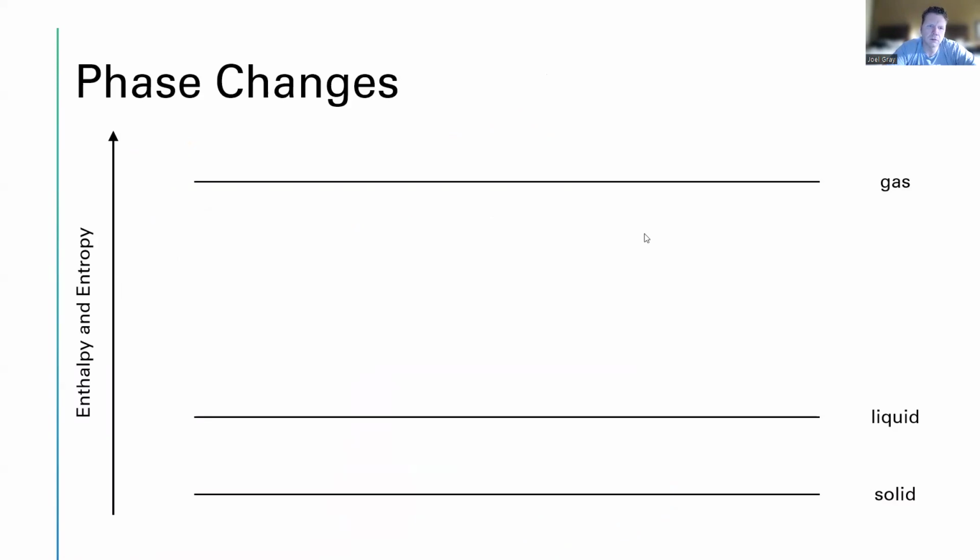Now, this graph right here shows us our phase changes going from a solid to a liquid to a gas. And what is increasing? Well, enthalpy and entropy are both increasing as we go from a solid to a liquid to a gas. As we go from a gas to a liquid to a solid, what is decreasing? Well, both enthalpy and entropy are decreasing.